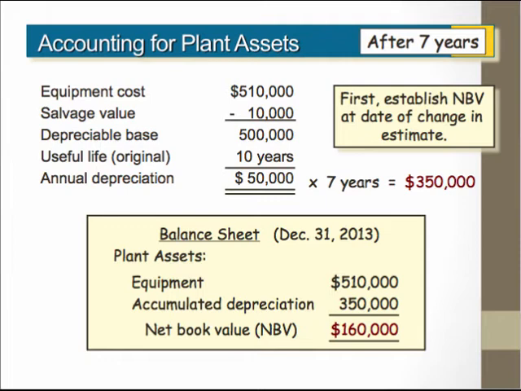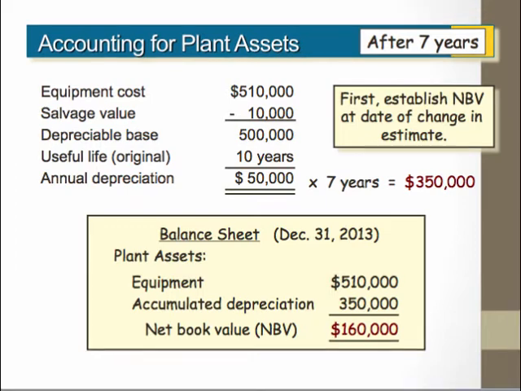So what we first have to do is take the equipment cost minus the $10,000. The $510,000 was the cost and will not change. The salvage value at the time of acquisition was $10,000, so the depreciable base was $500,000 and we had an original useful life of 10 years. So our annual depreciation based upon our original assumptions was $50,000.